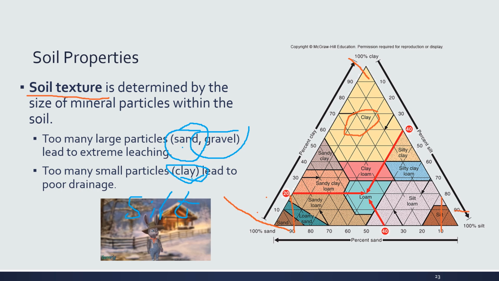Silt, again, 100, 90, 0. So what we can do is name soils based on what they're made of. And clay tends to be obviously soil that's very high in clay and very low in silt and somewhat moderate to low in sand.